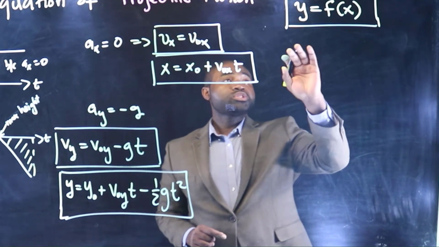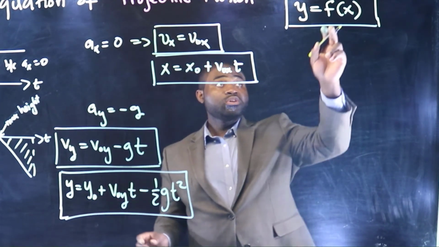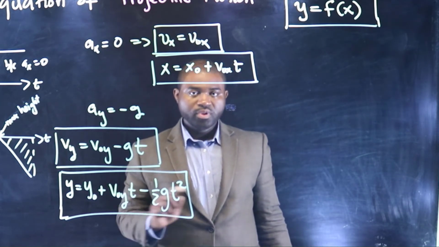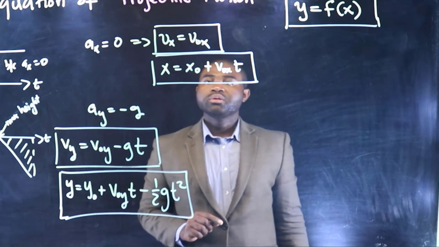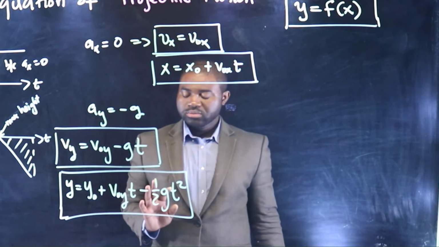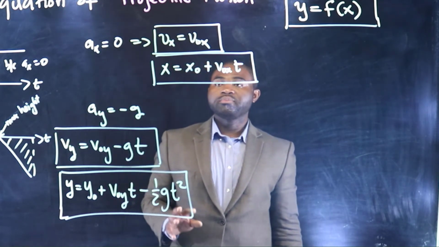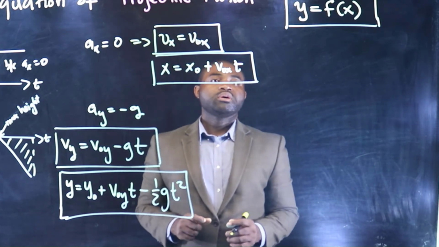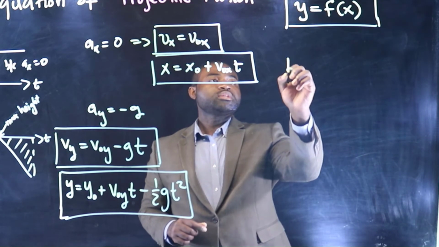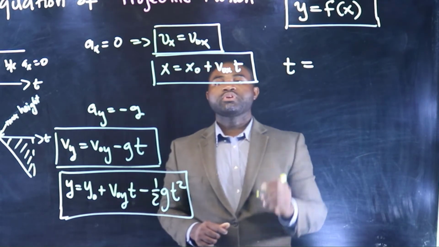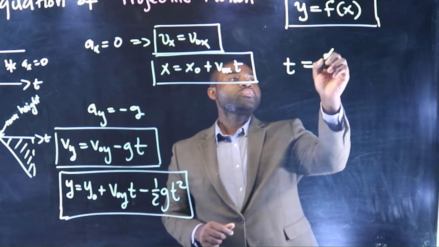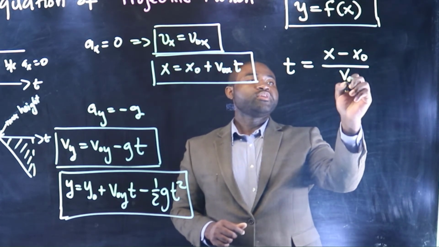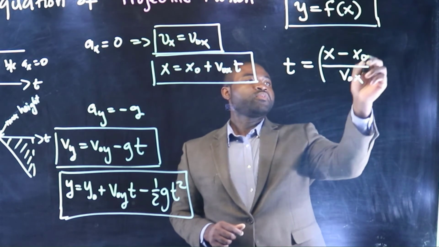So for us to look for y as a function of x, that means that we need to substitute t. And that is not going to be a problem because x is equal to x naught plus vox t. That would mean that t is going to be equal to x minus x naught divided by vox.